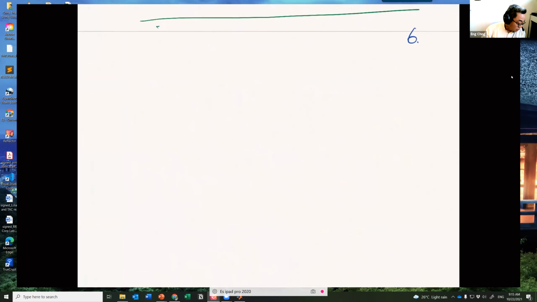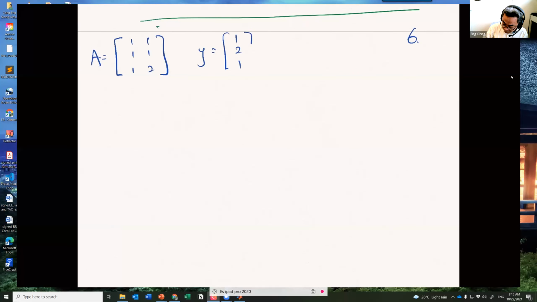And you need to know this for the quiz. 111, 112. This is A, and Y is 121. So again, the first part was originally our previous equation. 111 equals to 1, 111 equals to 2.